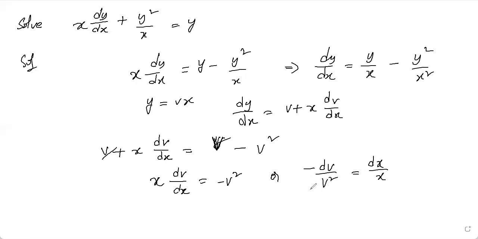Now integration of this will be minus 1 by v, and this is log x plus the constant, or you can write x by y is equal to log x plus c. So this is the general solution of the given equation.